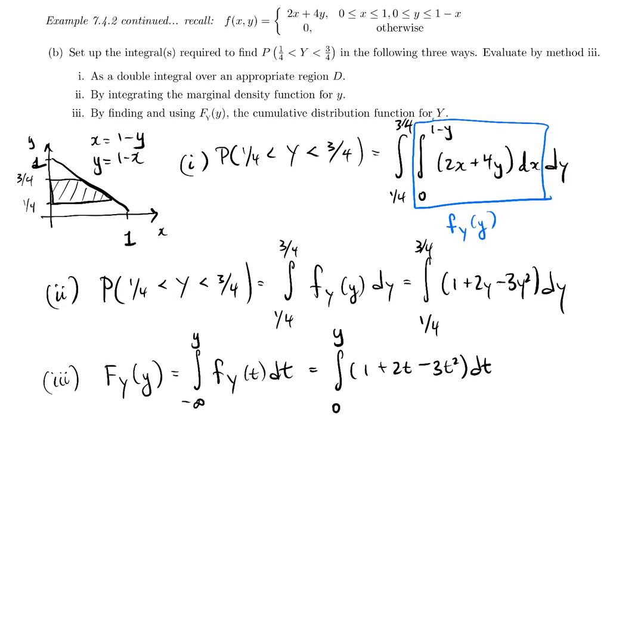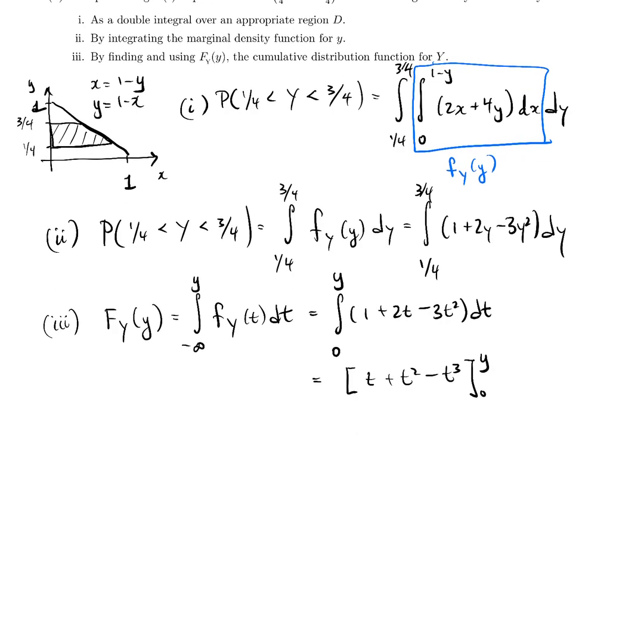So we're going to anti-differentiate this and run this from 0 to y. The antiderivative that we want is t plus t squared minus t cubed. Oh, that's really nice. From 0 to y, or y plus y squared minus y cubed minus 0.